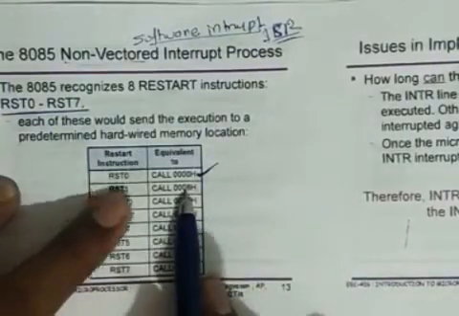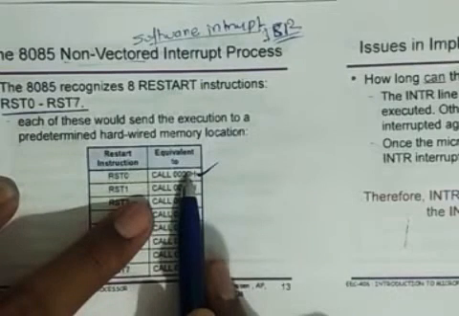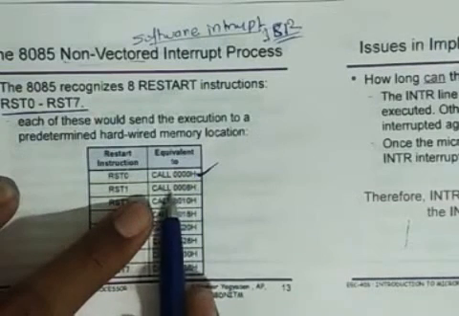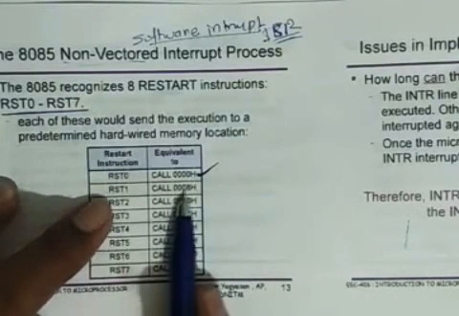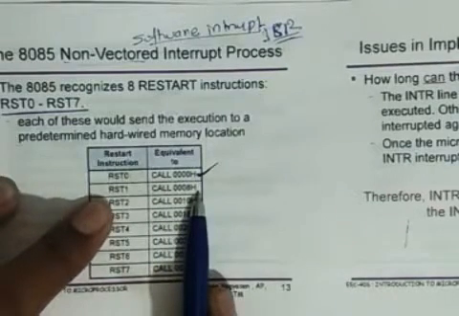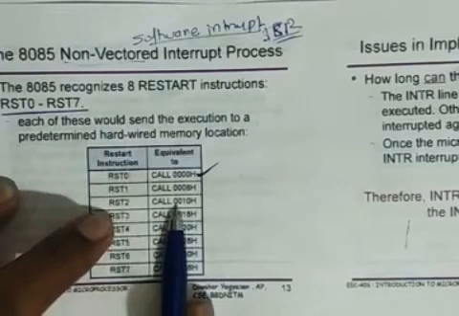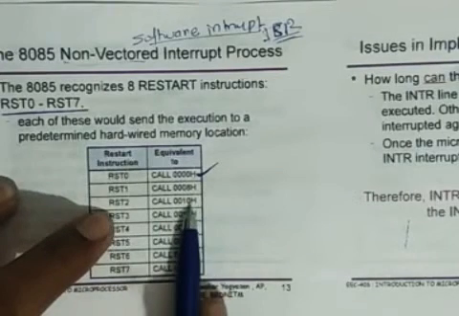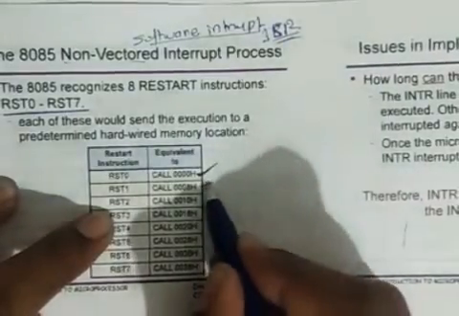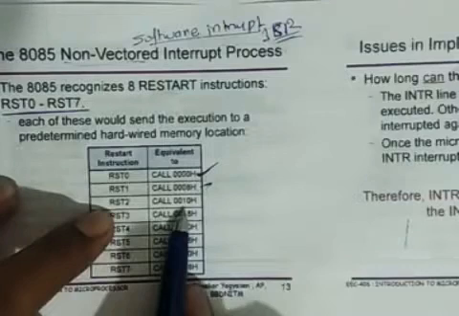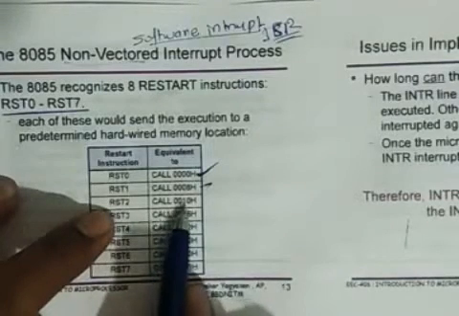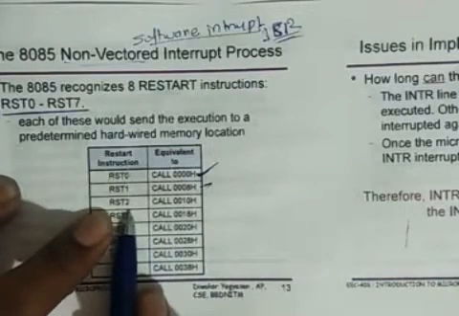Then for the next instruction, 8 is added to the previous one, so it will jump to 0008H. Similarly, if we add 8 to this, in hexadecimal, we get 0010H for RST2.